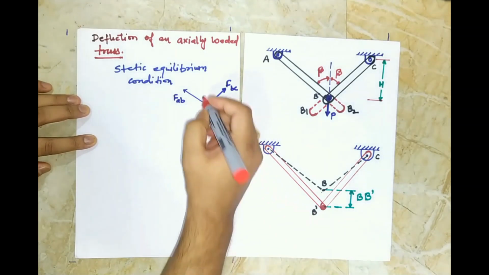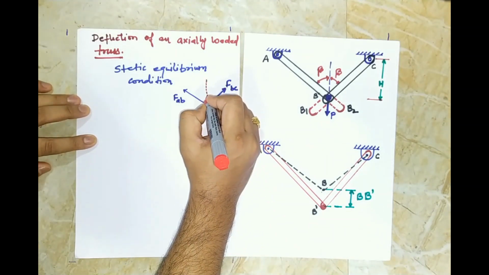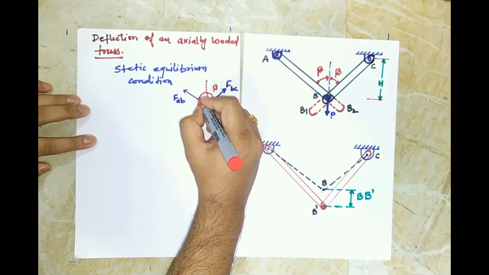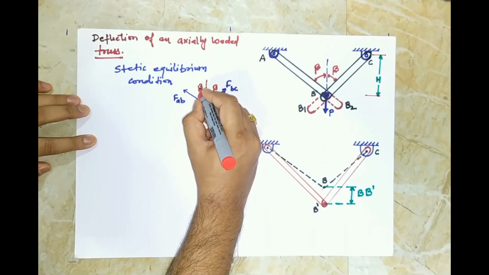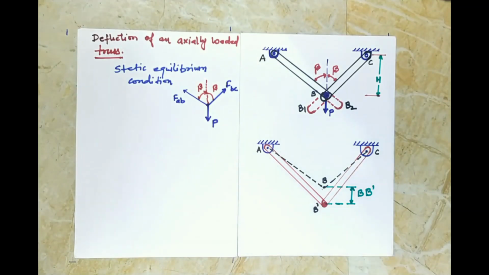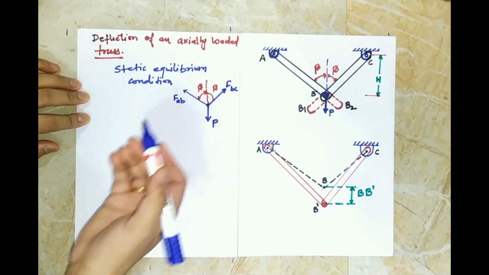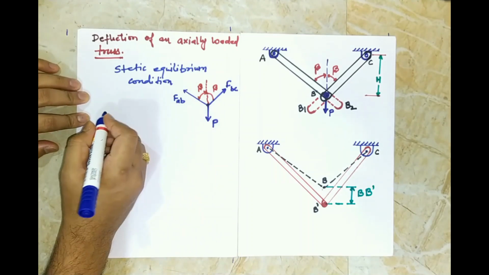Now we see here that these two, by virtue of the geometry, will be separated by an angle beta, and here also the angle will be beta only. So we'll apply the static equilibrium condition.